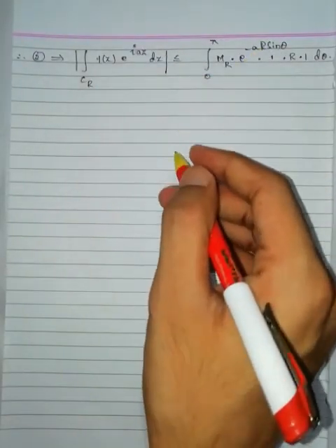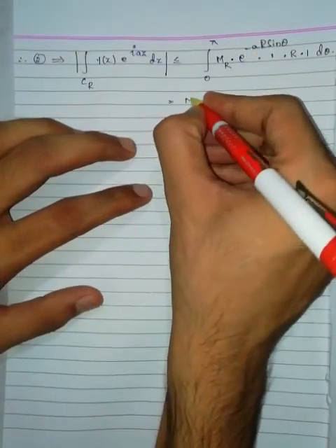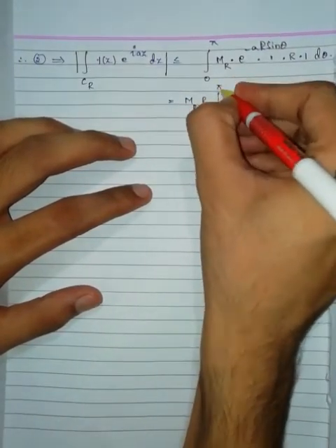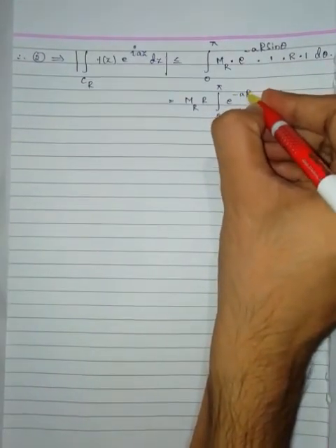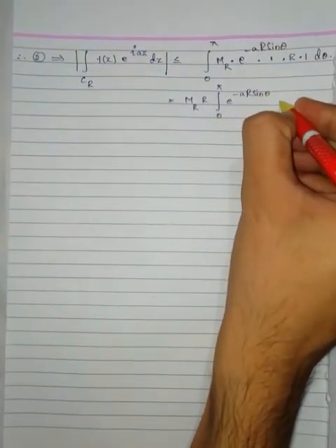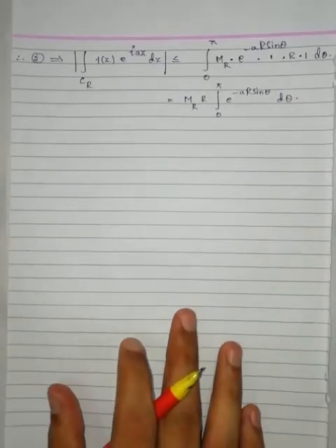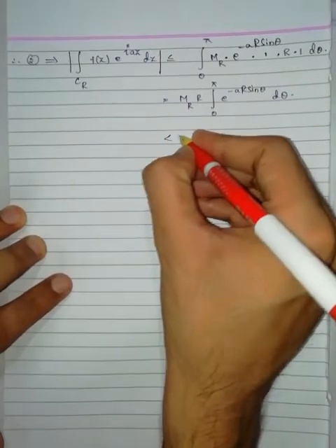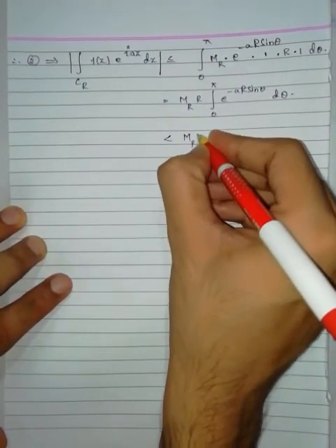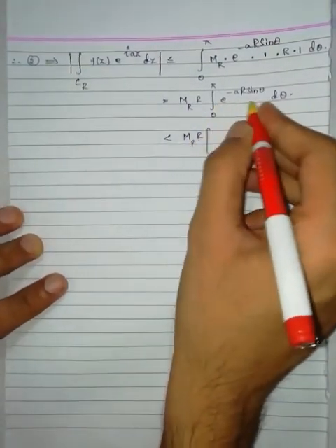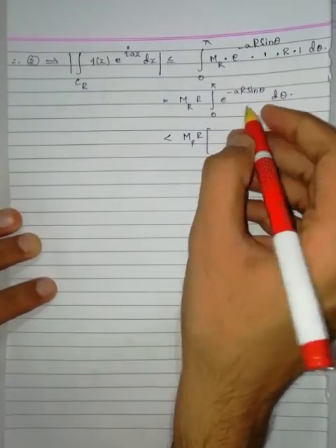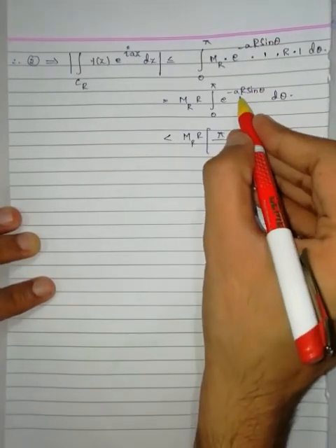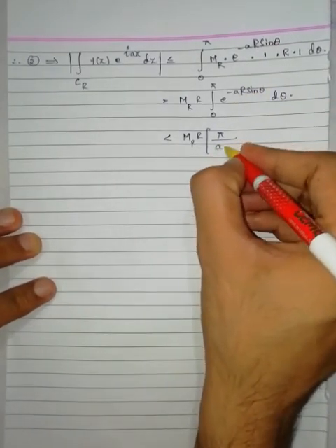Therefore what we got now is capital MR into R integration 0 to pi e to the power of minus aR sin theta d theta, which is strictly less than capital MR into R by Jordan's inequality. This one is less than pi by, in place of R we have aR, since a is positive, aR.